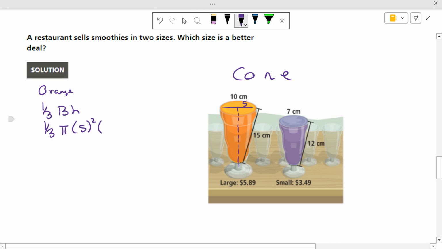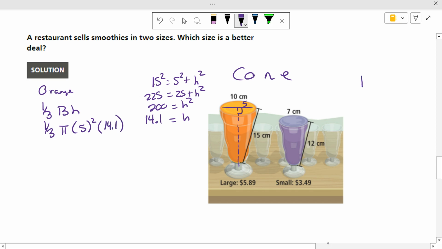We actually have to find the height using the Pythagorean theorem. 15 squared equals 5 squared plus the height squared. So 225 equals 25 plus the height squared. Subtract, 200 equals the height squared. So my height is about what? 14.1. So that's my height.